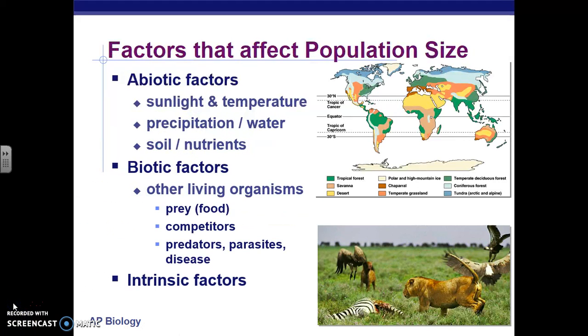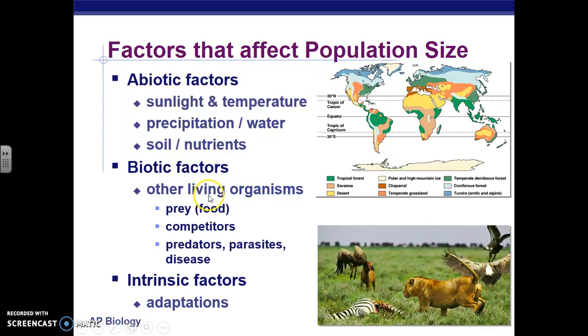When we're looking at factors that affect population size, there are abiotic factors, which are non-living factors. Some examples of abiotic factors are sunlight, temperature, availability of water, soil and nutrients. Then we also have biotic factors, or living factors, that affect the population size.